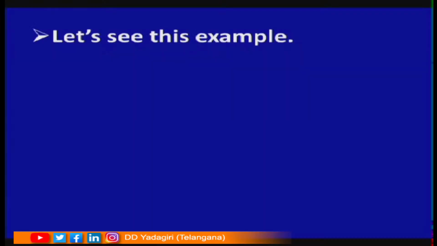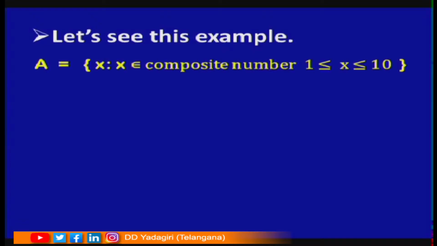Understand? Let us see this example. Here, A is the set {x such that x is a composite number, 1 ≤ x ≤ 10}.